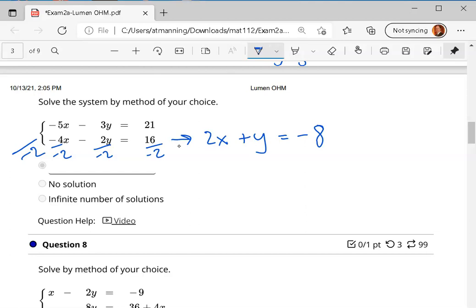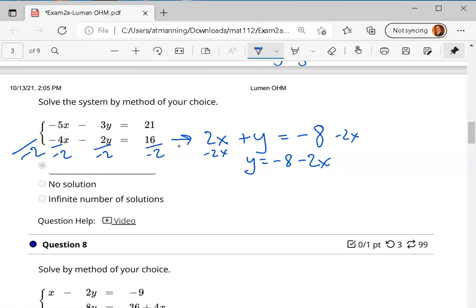Well, look at that. I can solve for y. I can know that y equals negative 8 minus 2x. Subtract 2x from both sides. And look at that. Now I can substitute this for wherever I see y in either equation.